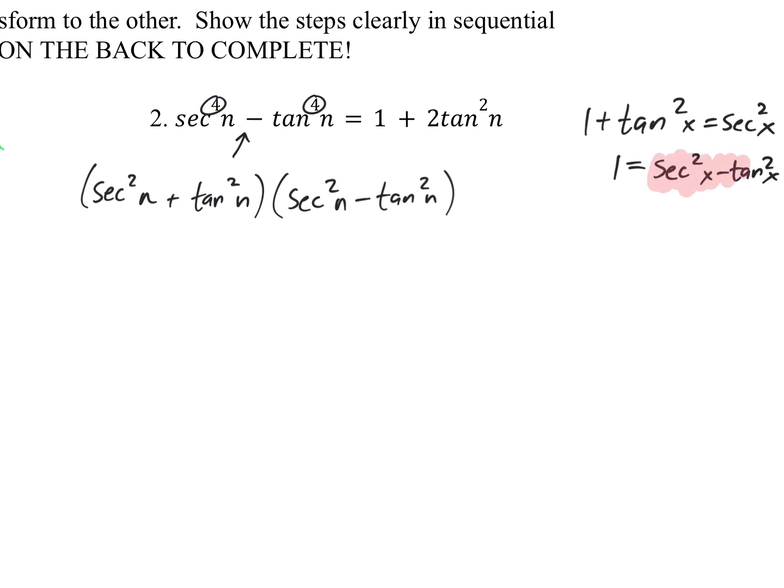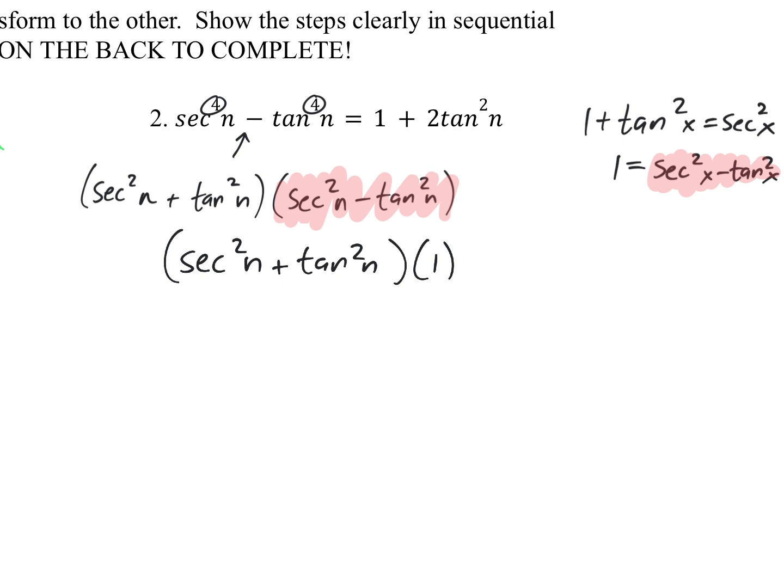This here can be seen in our problem with that second set of parentheses. In other words, secant squared n plus tangent squared n is being multiplied times 1. So there is where we move from a 4th degree to a 2nd degree problem.